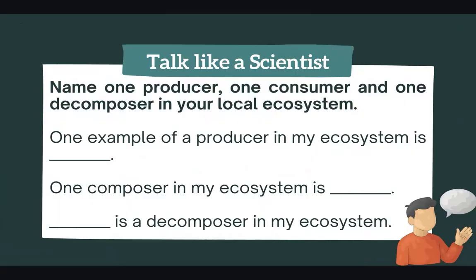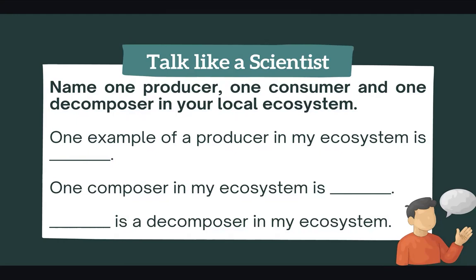Now it's your turn to practice. Talk like a scientist. Find a partner and use these three sentence frames to talk to your partner and name one producer, one consumer, and one decomposer in your local ecosystem. For example, I live in the Amazon jungle, which is one of the largest ecosystems in the world.